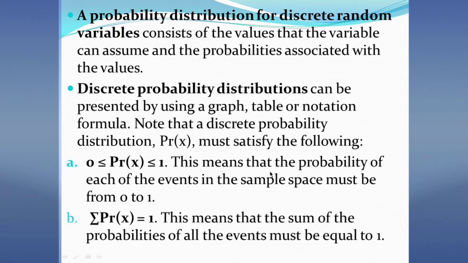This means that the probability of each of the events in the sample space must be from 0 to 1. The second one, the summation of the probability of X equals 1. This means that the sum of the probabilities of all the events must be equal to 1. So take note of these two.